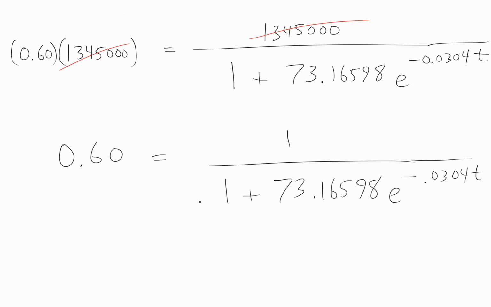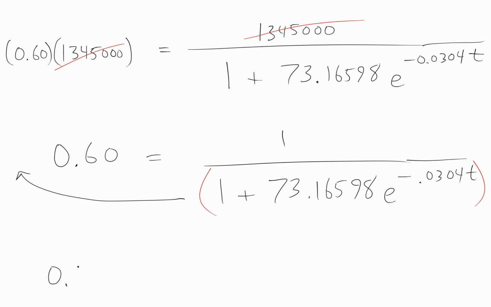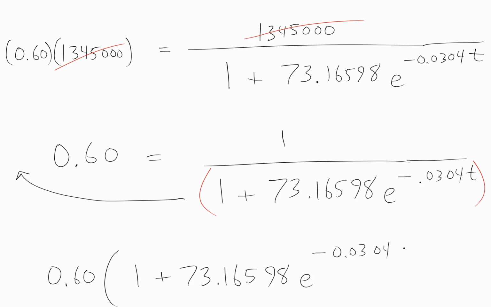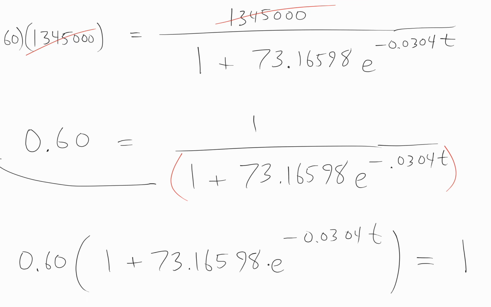The way to solve that would be to multiply this entire denominator to the other side. So you'd get 0.60 times 1 plus 73.16598 e to the negative 0.0304t, and then set that equal to 1.